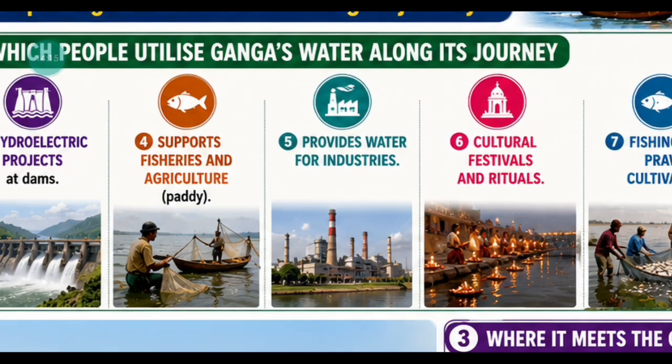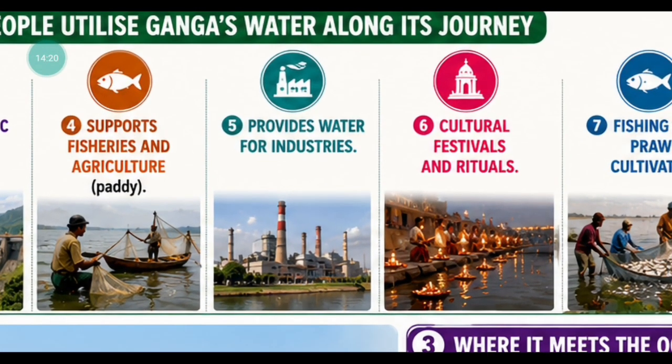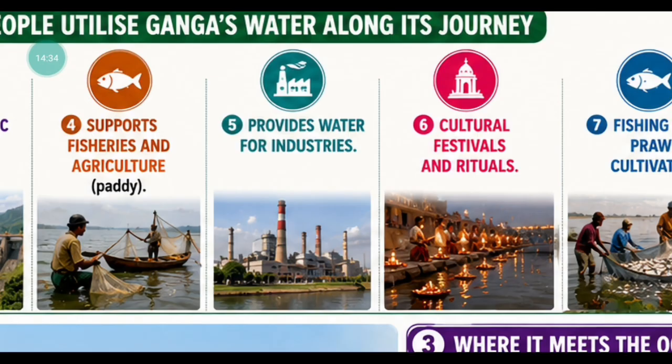Point number 6, cultural festivals and rituals are supported by this river. In our culture, the river Ganga is considered a mother, a motherly figure. In religion and in our culture, this river carries great value.